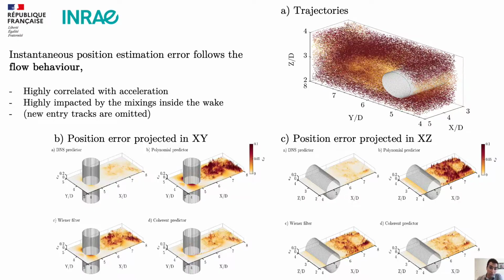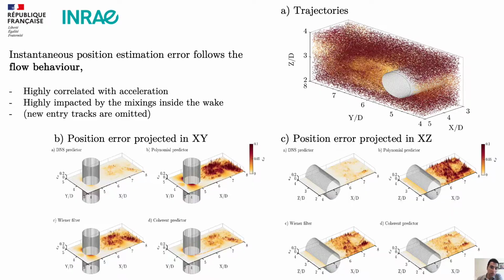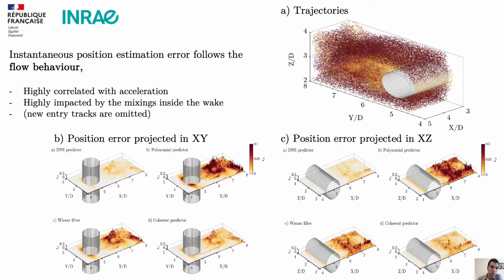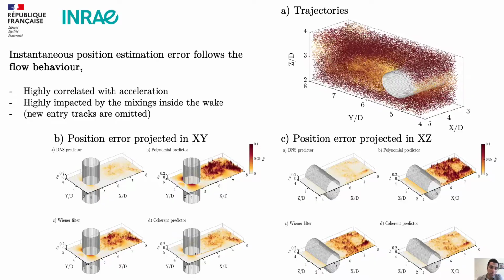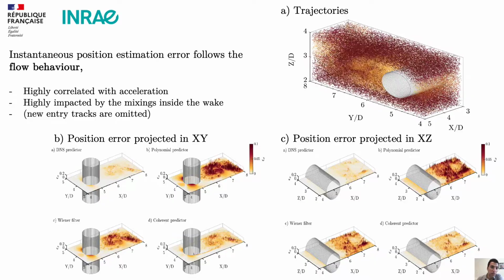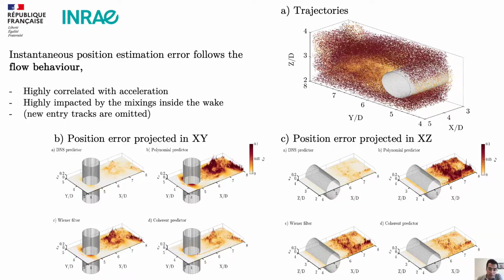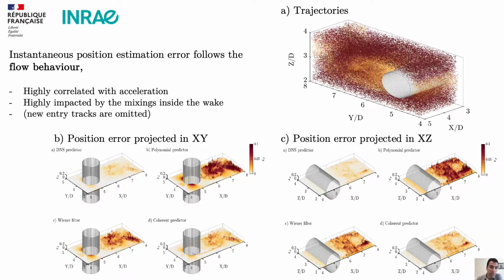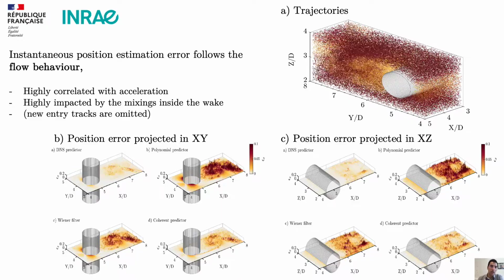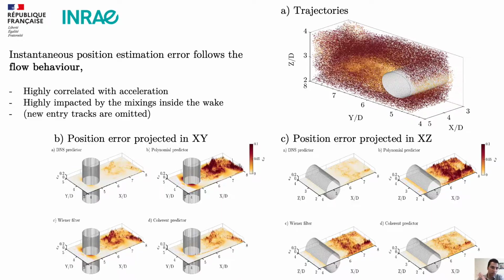Let's have a look at the trajectories. You see particle trajectories coming here. We have two shears, we have circulations here, we have complex motions here. Just keep in mind that new interior particles are not considered in this study, so only particles at the beginning are considered for the assessment.